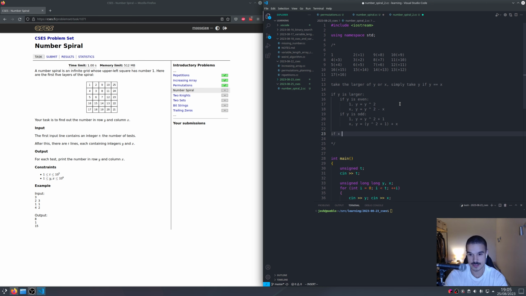But actually, if x is larger, if x is odd, it's kind of the same thing. So x at 1, y, kind of along the top here, is equal to x squared. So then x at y is equal to x squared minus y.